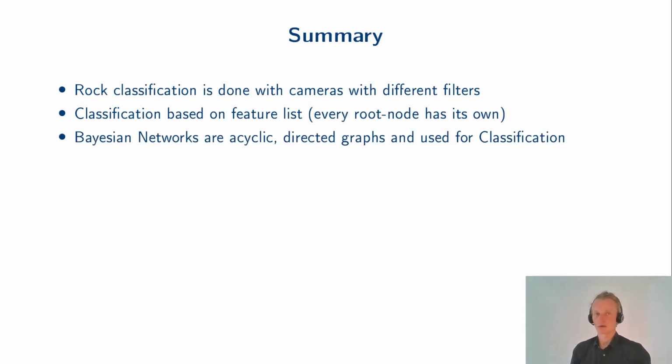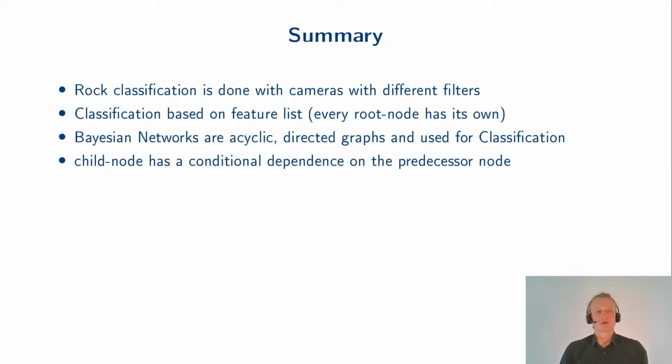Bayesian networks are acyclic directed graphs and are used for classification. A child node has a conditional dependency on the predecessor node, so a conditional dependency on their parent.